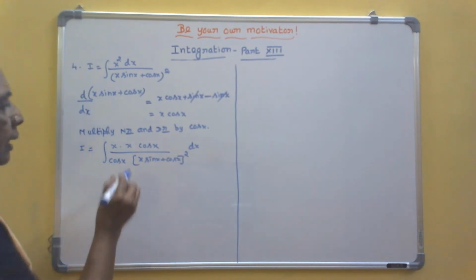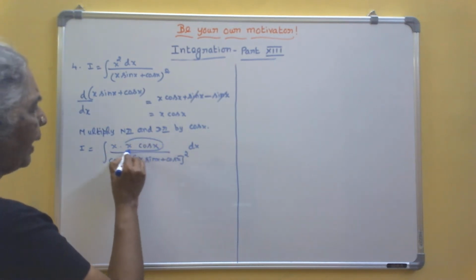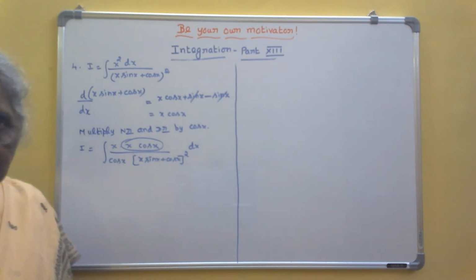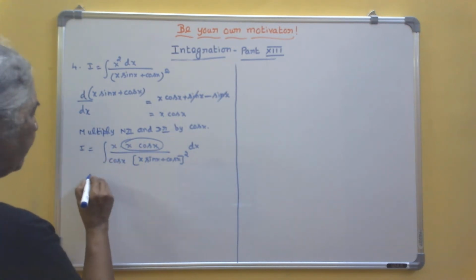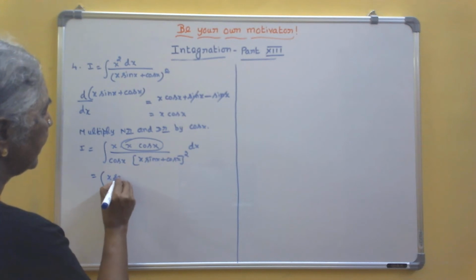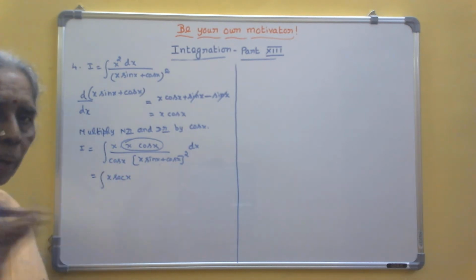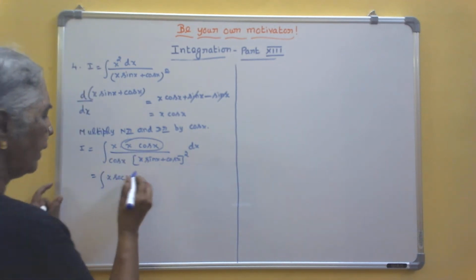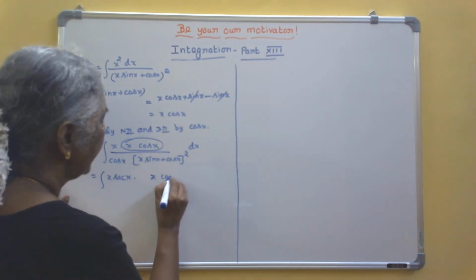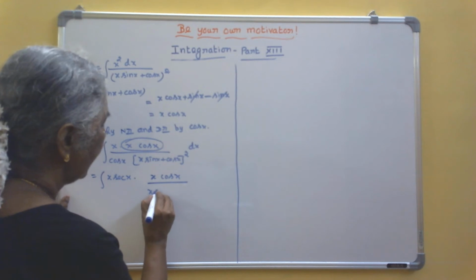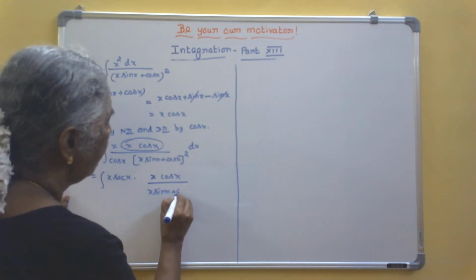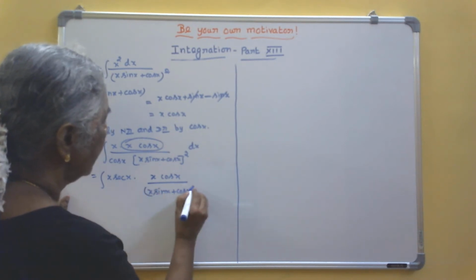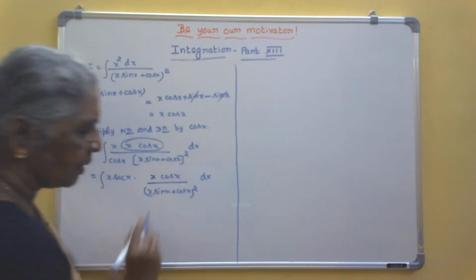Now, this I need for my dt term if I substitute this as t. So, this part I will write x secant x, right? x by cos x I am writing as x secant x. Then I will write this as x cos x by (x sin x plus cos x) the whole square dx.